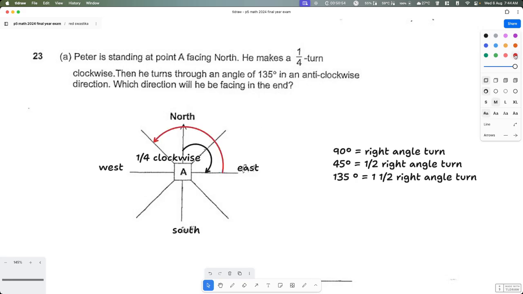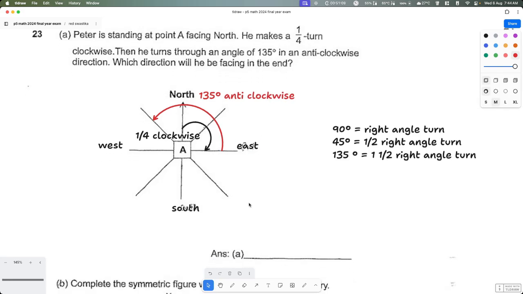So I'm gonna put this in red, and put this in red as well. So 135 degrees anti-clockwise. Okay, so that means he's northwest over here. So I'm gonna write down here as northwest. Okay, so that's it, right?